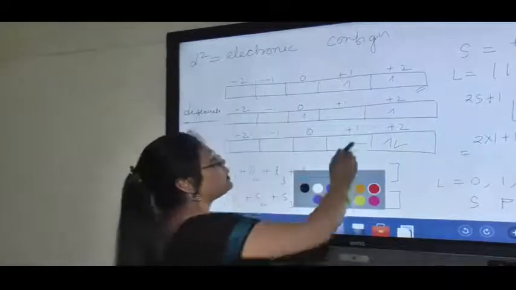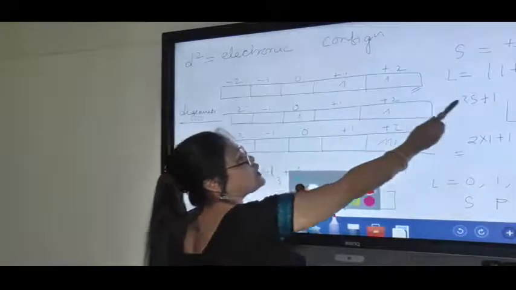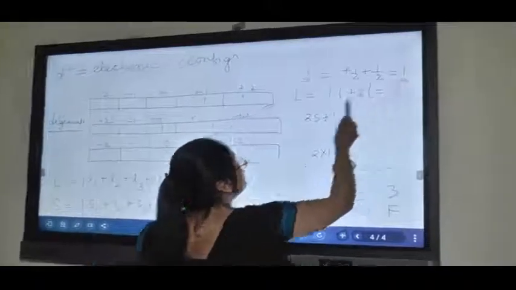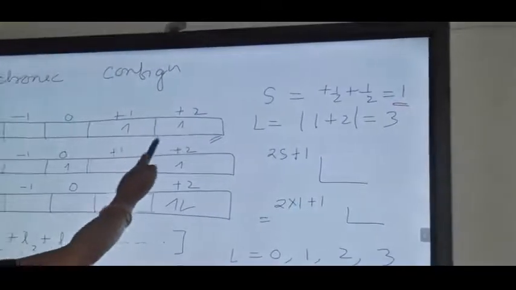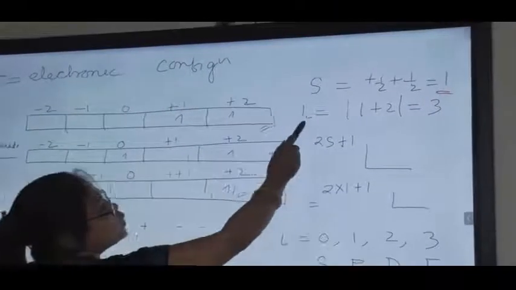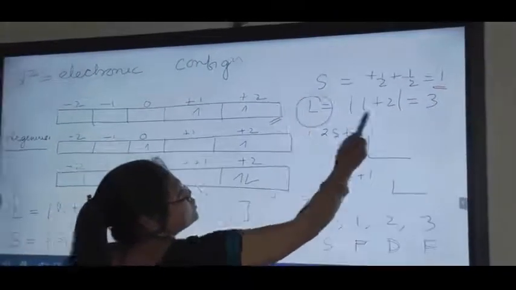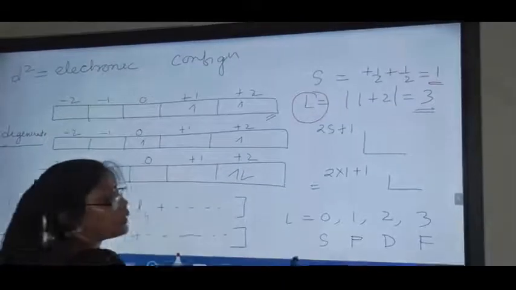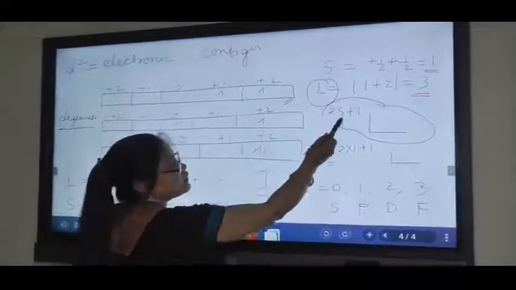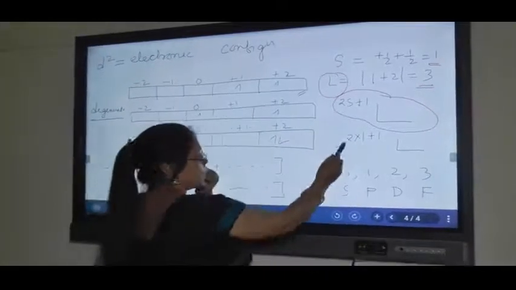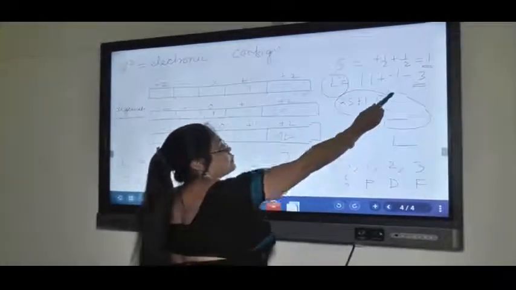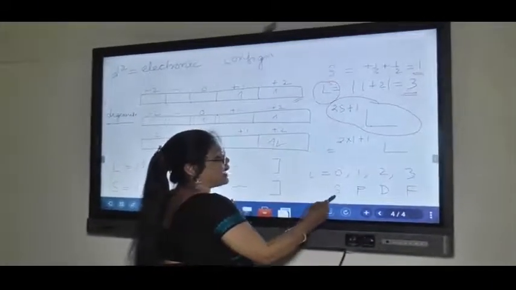If I take this particular microstate, for example, these two electrons have positive spin, so the total spin will be 1. They are in two different orbitals with magnetic quantum numbers 1 and 2, so the total orbital contribution will be equal to 3. The term symbol for this microstate is given by 2S plus 1, so 2 into 1 plus 1, then L. When the L value is 0, we have the S term.